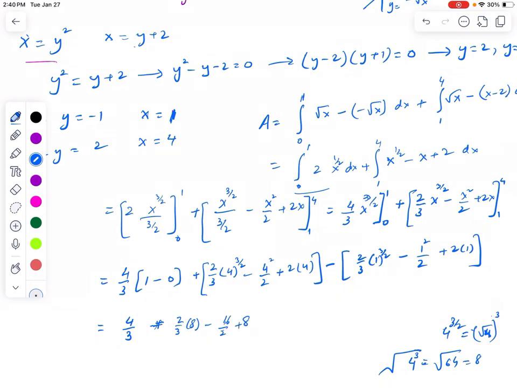And then plus 1 half minus, so this cancels, gives me 18 over 3 minus 2 plus 1 half.